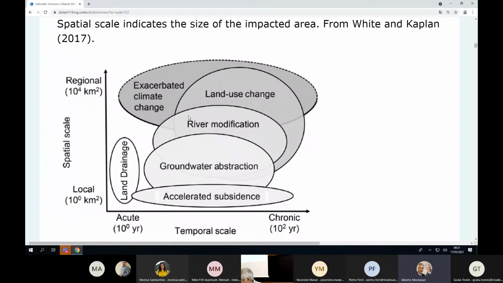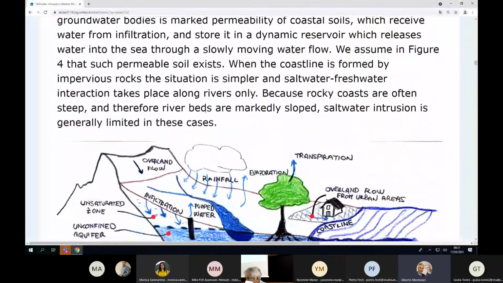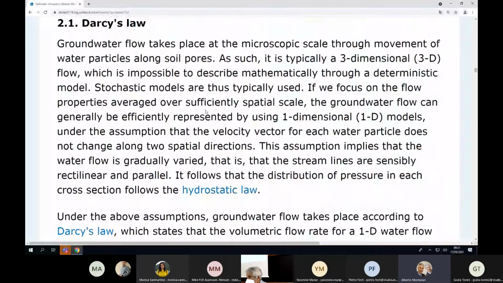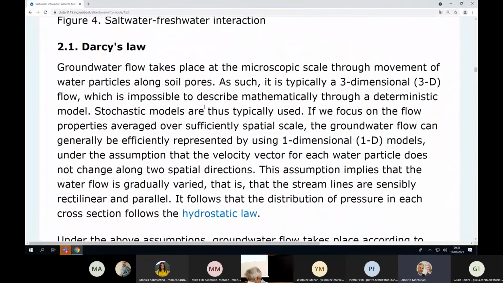Let's look at this simplified solution. The lecture that I proposed to you also mentions Darcy's law, because this is already a simplification of our problem. So a first simplification is to study the flow in a 1D setting by using Darcy's law.